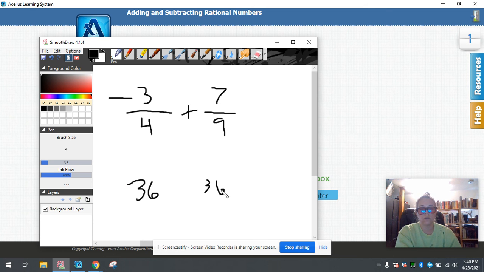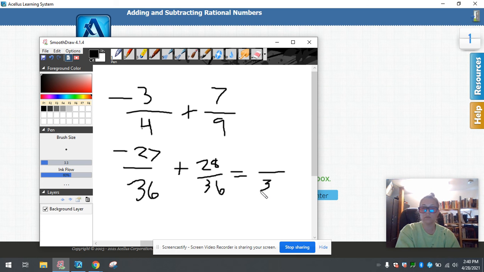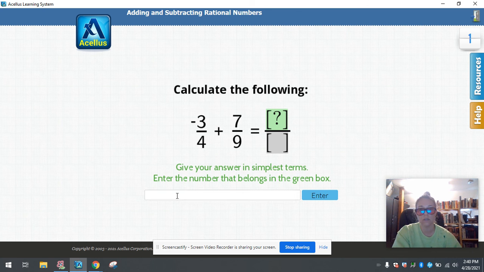Cross multiply. 9 times 3 is 27. 4 times 7 is 28. We have a negative and a positive. Our denominator is going to stay the same. Different signs subtract. 28 minus 27 is 1. I have more positives than I do negatives, so my answer is going to stay positive. My answer is 1 out of 36.